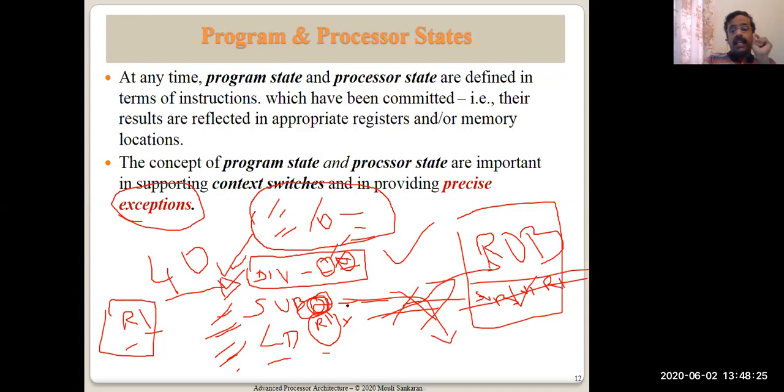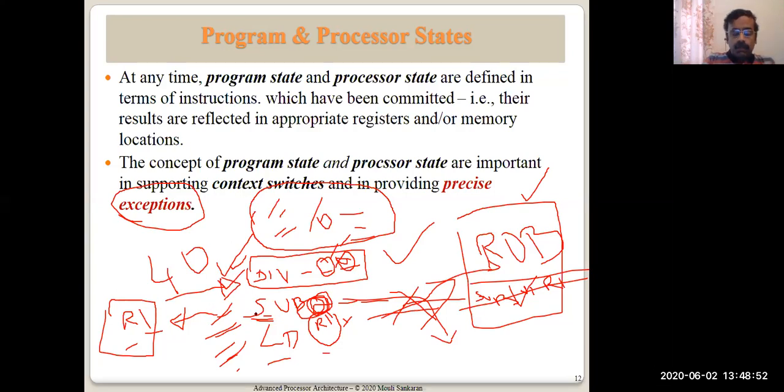So if I have a system like the ROB, I don't have to worry about committing the results of this instruction into the register set like we were doing earlier. I showed you that it was committing it. It was not precise. Precise exception. Imprecise. It was an imprecise exception.